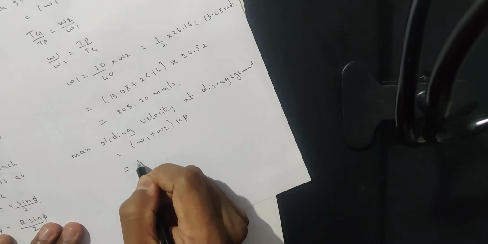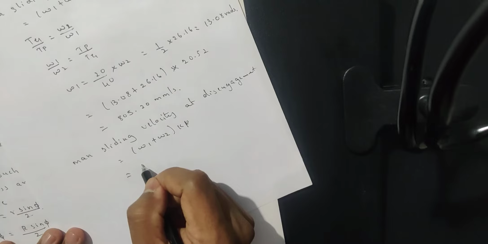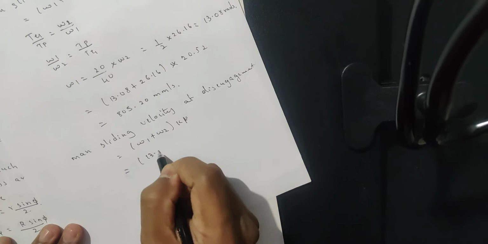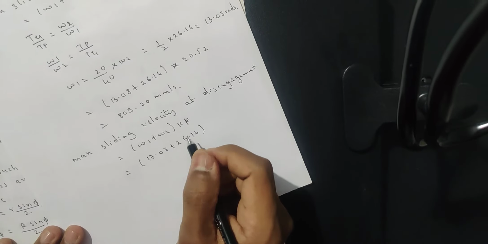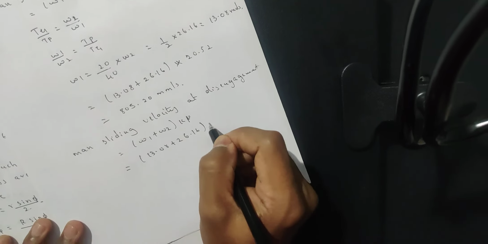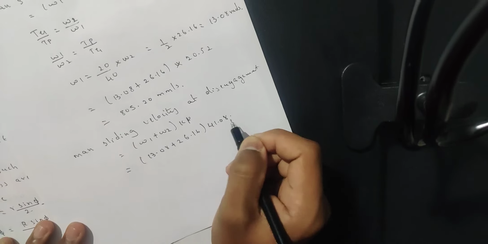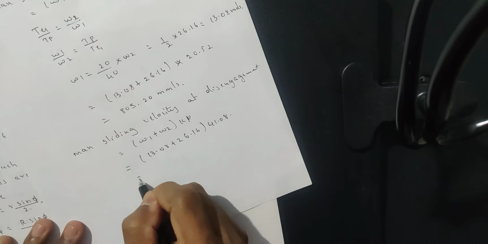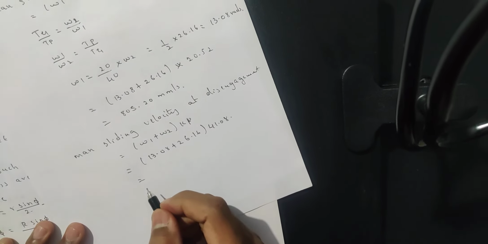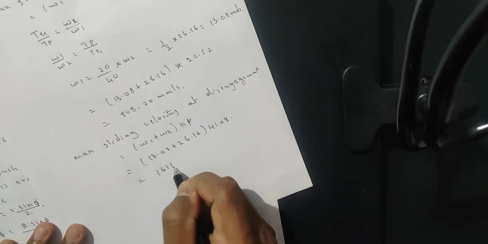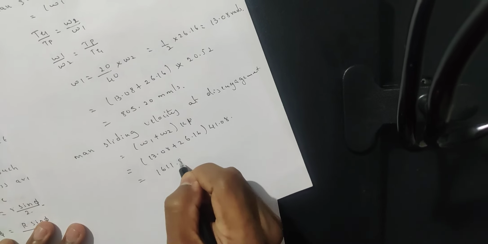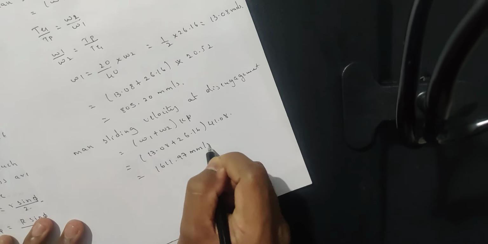So that is 13.08 plus 26.16, multiplied by 41.08, which is equal to 1611.97 mm per second. So these are the three different values we have got.